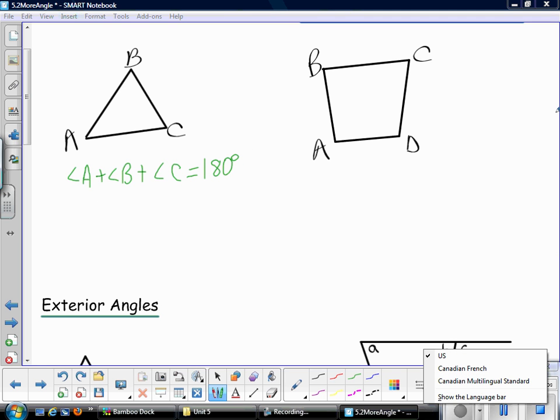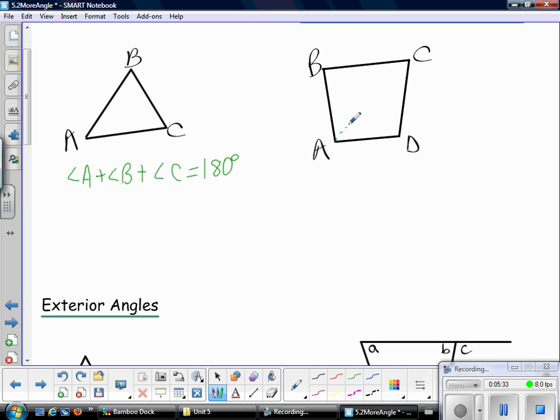Now, if I'm talking about a quadrilateral, it's a little bit different. The sum of their angles equals 360 degrees. The reason it does is that if I create two triangles here, this triangle equals 180 degrees and this triangle equals 180 degrees.